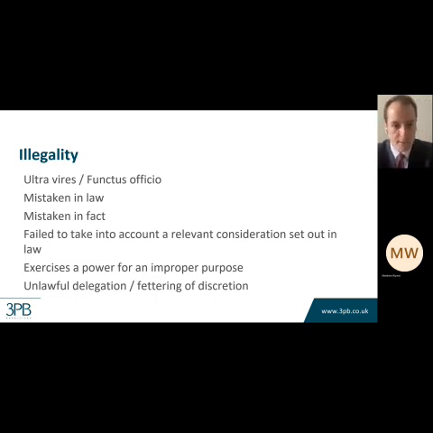And it is, in my experience, not uncommon to see relevant considerations listed in the guidance, for example, that simply haven't been factored in by the public body that we're challenging. So making sure that the decision maker has considered everything that they should have done is often a very fertile ground for exploring a basis for challenge.